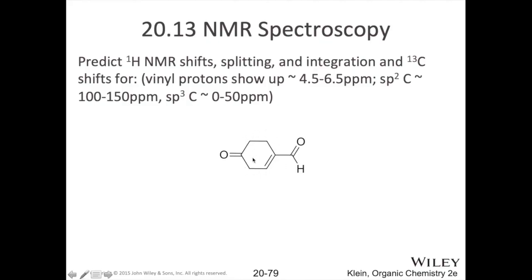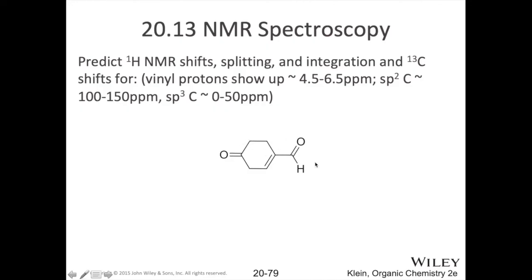So if you accidentally thought that these protons over here would all show up somewhere in that 7 to 8 range, that's not the case. These are your typical alkyl protons. So again, keep in mind, if you've got a methylene group here, where does that normally show up? That would normally show up at, let's say, 1.2, but remember it's shifted downfield by 1 ppm due to that carbonyl, so it would show up around 2.2 instead.